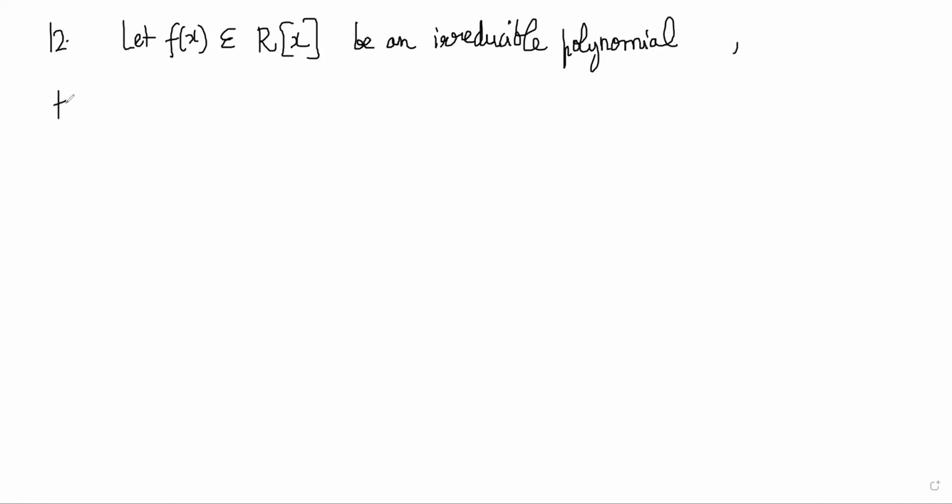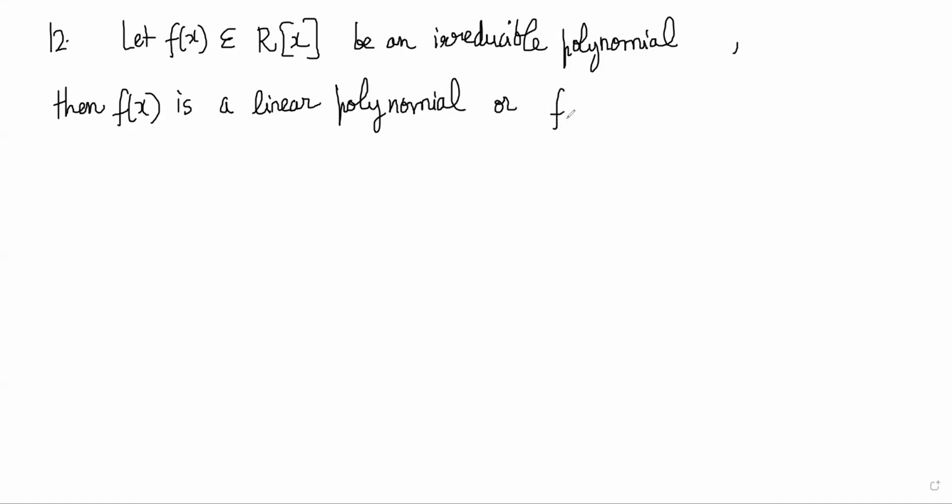Then f of x is a linear polynomial, or f of x is a quadratic polynomial, ax square plus bx plus c, with discriminant b square minus 4ac less than 0.